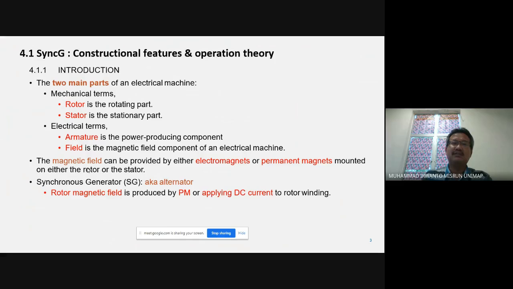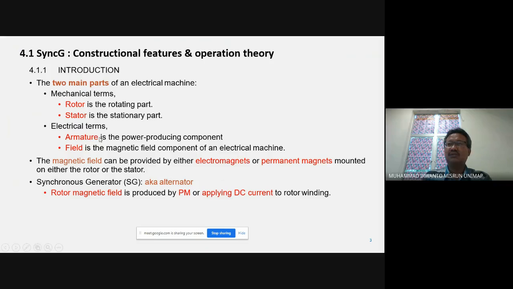And the second electrical term is the field. The field is the magnetic field component of the electrical machine, meaning the field is generated in the rotor.